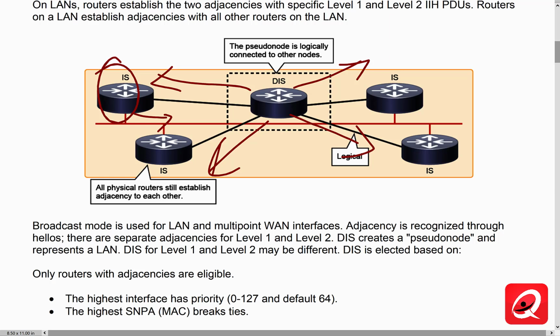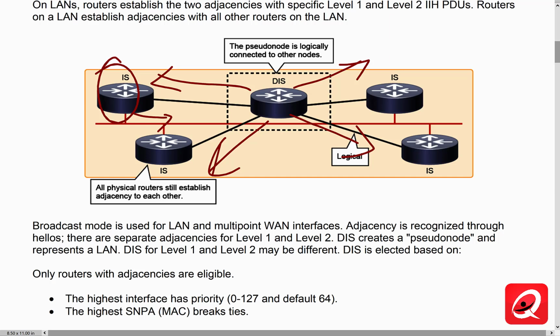All right. So the 2 major tasks that are performed by the DIS, as we mentioned, are creating and updating a pseudo node LSP, and flooding that LSP over the LAN. We talked about the election process: highest priority or the highest SNPA, which is typically going to be a MAC address or a circuit identifier if it's frame relay and so on.